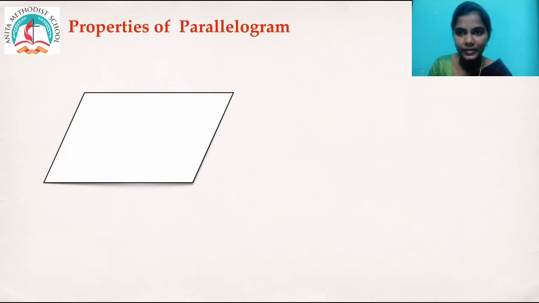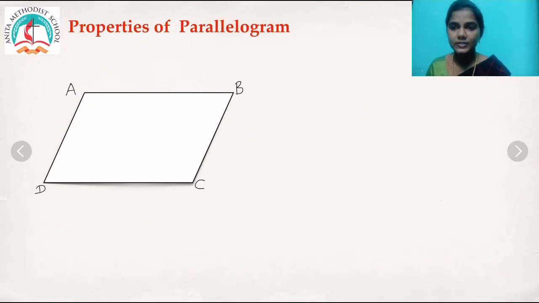So we can name them as A, B, C and D. So here I have 4 vertices. That is my first property: the parallelogram has 4 vertices.